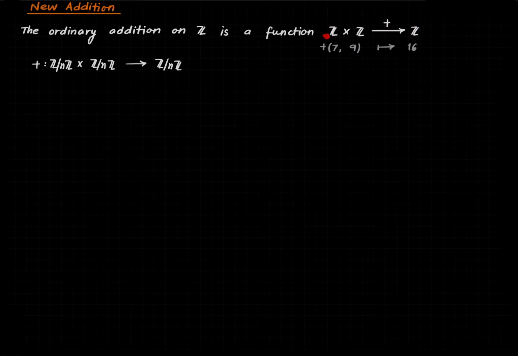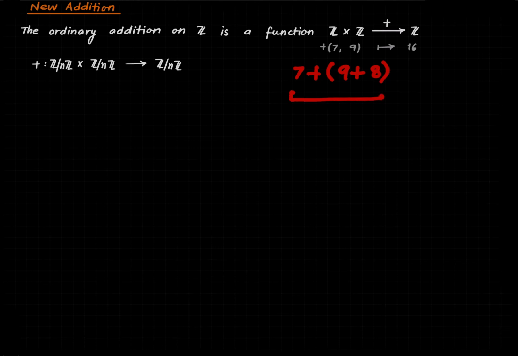And it will have a lot of shared behavior with the ordinary addition. The ordinary addition enjoys a lot of nice properties, like for instance commutativity. You can switch the places of the input, it doesn't matter, the output will not change. Associativity is usually expressed this way.